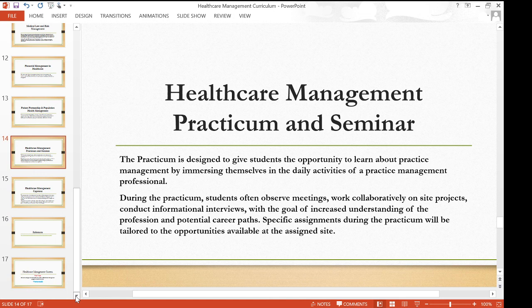During the practicum, students often observe meetings, work collaboratively on site projects, conduct informational interviews with the goal of increased understanding of the profession and potential career paths. Specific assignment during the practicum will be tailored to the opportunities available at the assigned site.